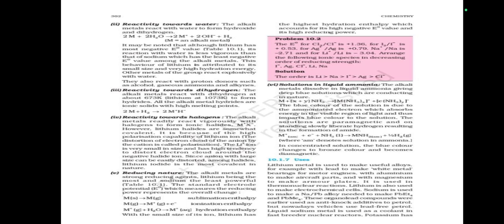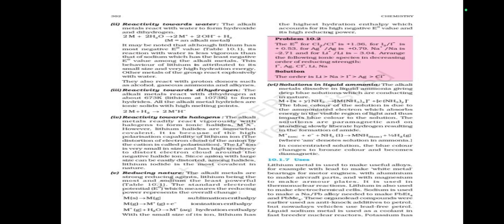Sodium positive to sodium is minus 2.71. And for lithium Li positive to Li is minus 3.04. Arrange the following species in decreasing order of reducing strength. In order, lithium is greater than sodium is greater than iodine is greater than Ag is greater than chlorine.